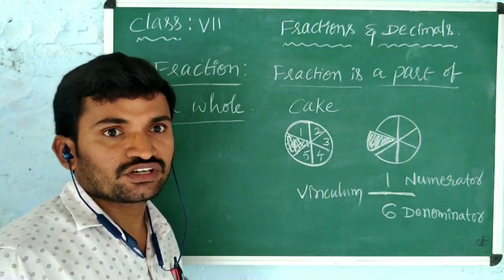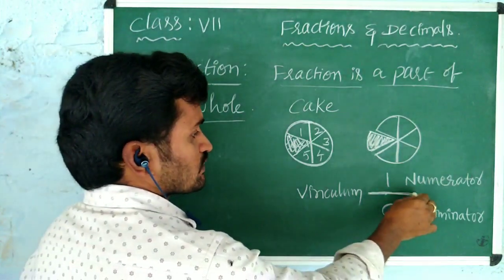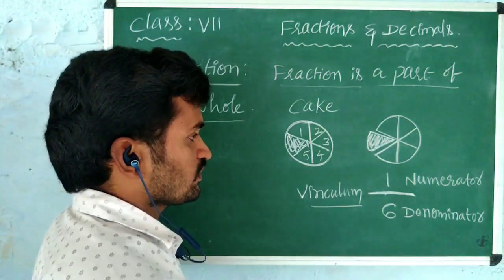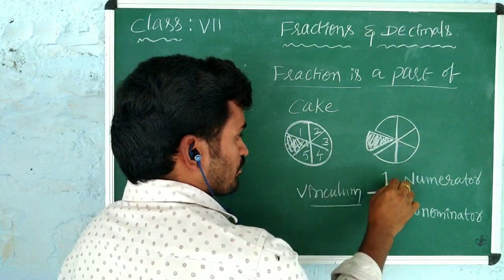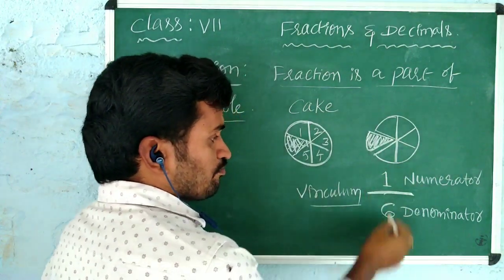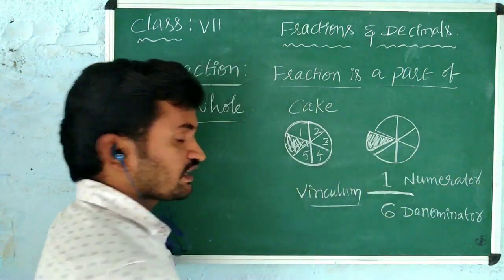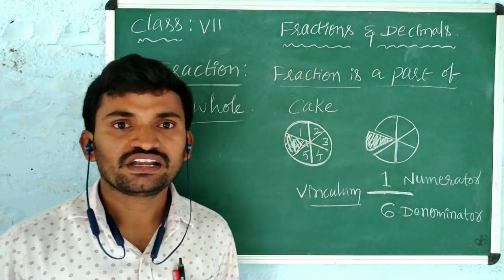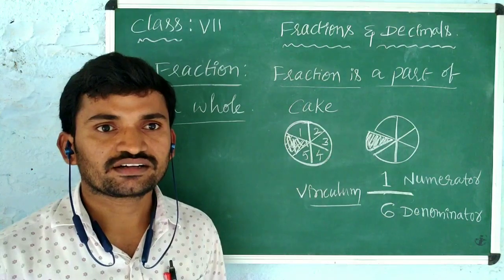While writing a fraction, we use this horizontal line. It is called a vinculum. Above the vinculum we take the numerator. Below the vinculum we take the denominator. So a fraction means numerator divided by denominator.